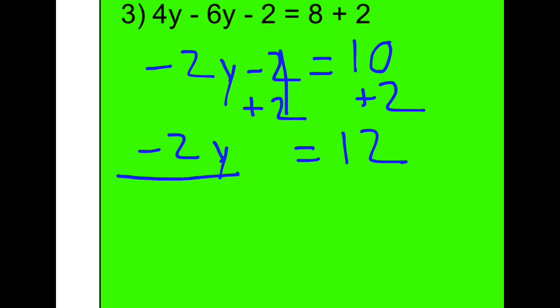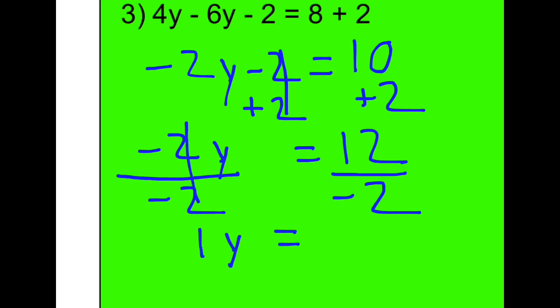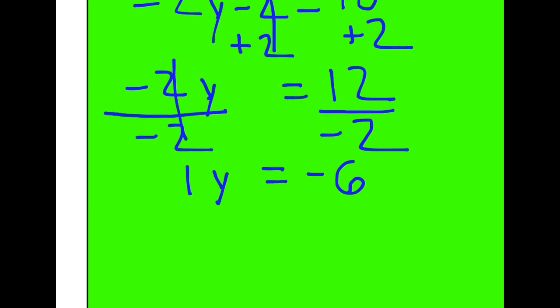Divide by negative 2, divide by negative 2, and you get 1y equals 12 divided by 2 is negative 6. That's the same as y equals negative 6.